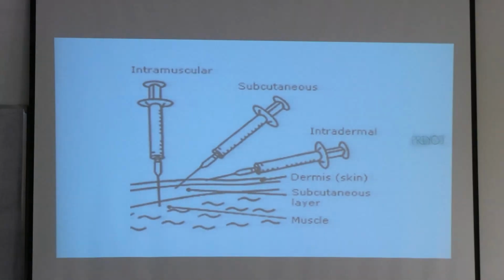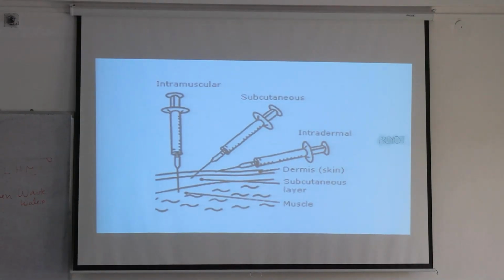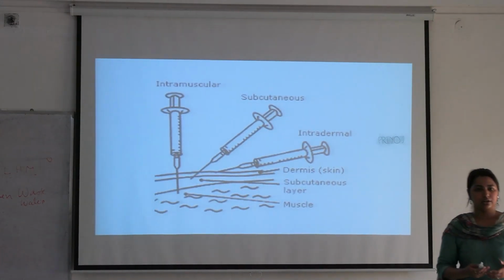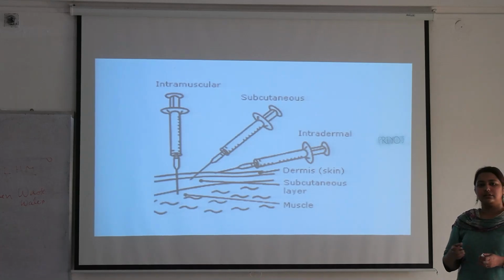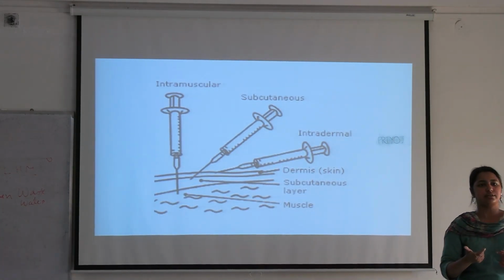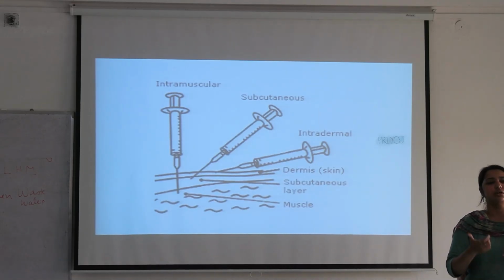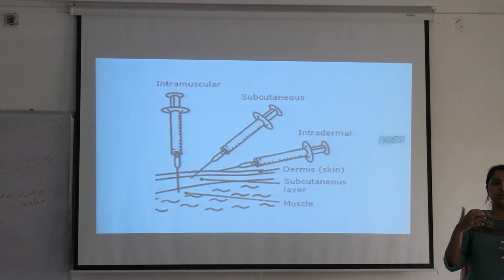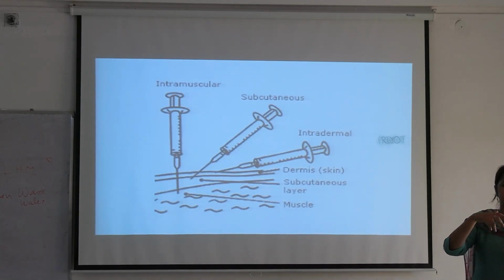This is just to show you what the meaning of intradermal and intramuscular is. It is the layer where you are inserting the vaccine: into the subcutaneous tissue, or into the muscle. To control that, you have to control the angle at which the vaccine is introduced.